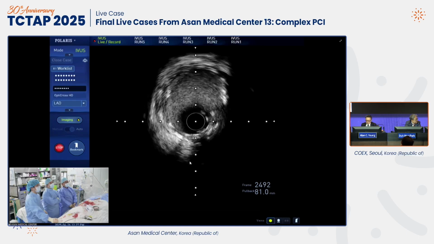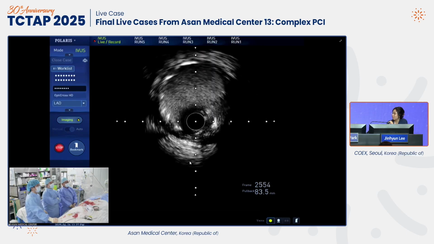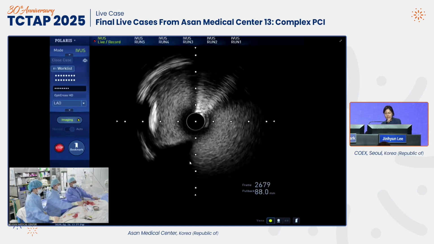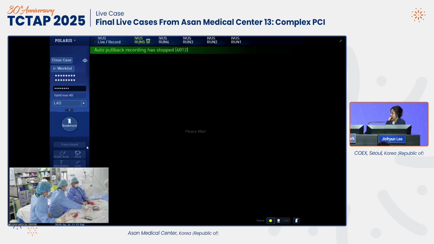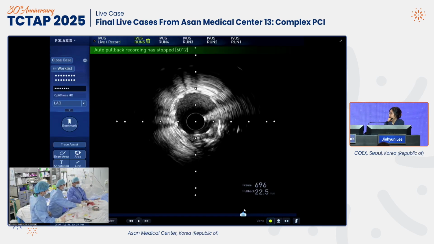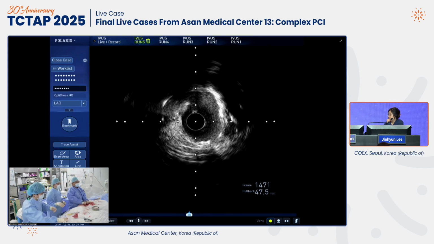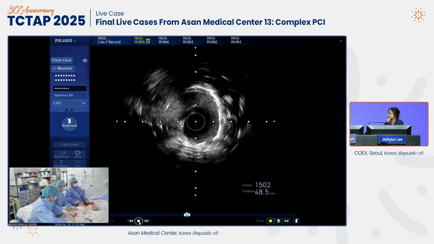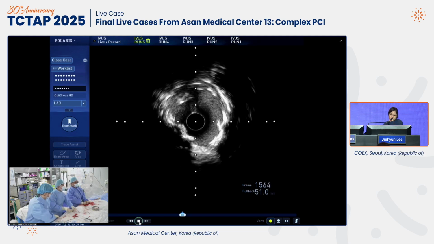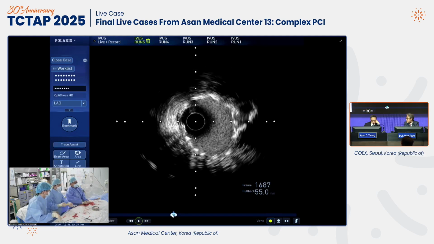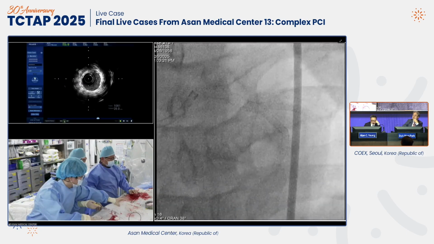You will still get eccentric expansion, but you might get a better luminal gain. It all depends on how thick the calcium is. I've done post-radiation cases where the calcification is so thick that no matter what you do, it's not going anywhere. With IVUS you can't really tell as much, but most likely you won't get it completely symmetrical.